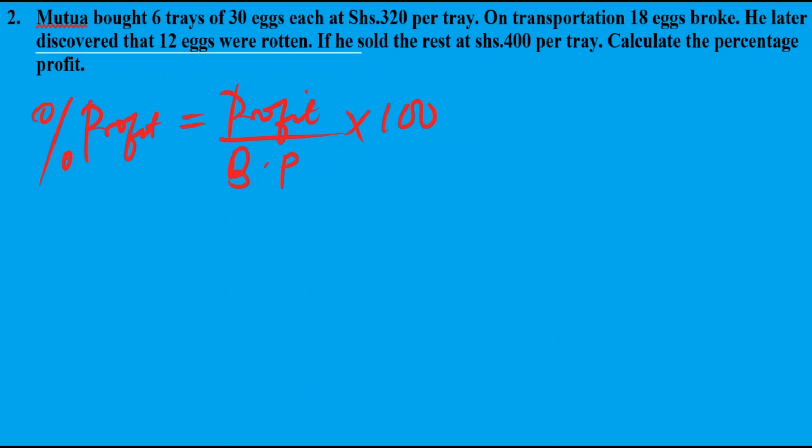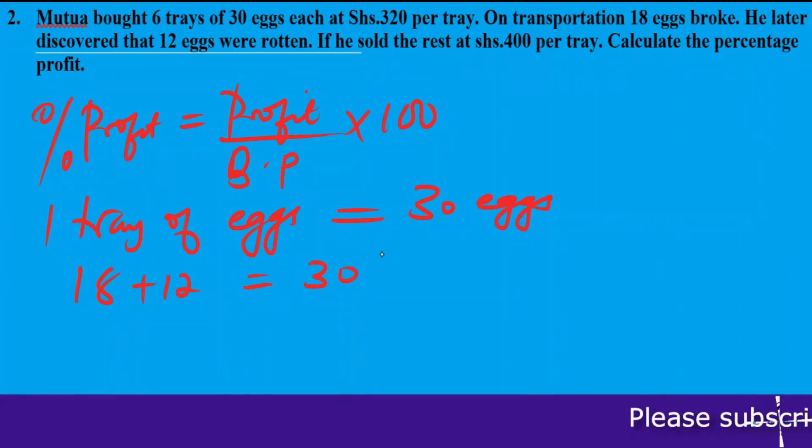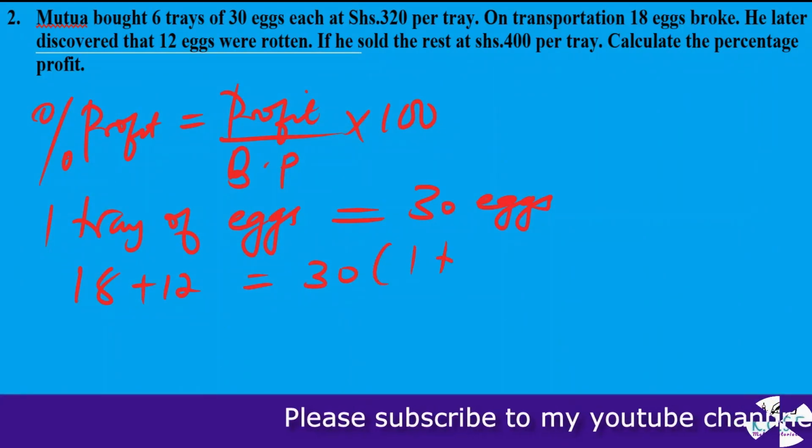Another thing to note is that one tray of eggs has 30 eggs. So in the question, 18 eggs broke, and later he discovered that 12 eggs were rotten. So in total, these are 30 eggs that he did not sell, and this is exactly one tray.